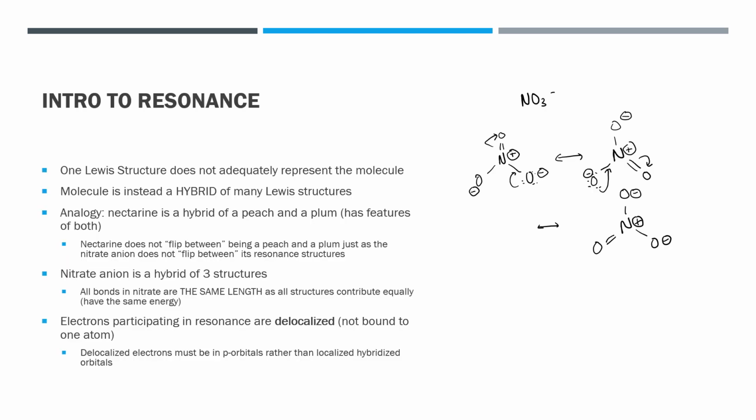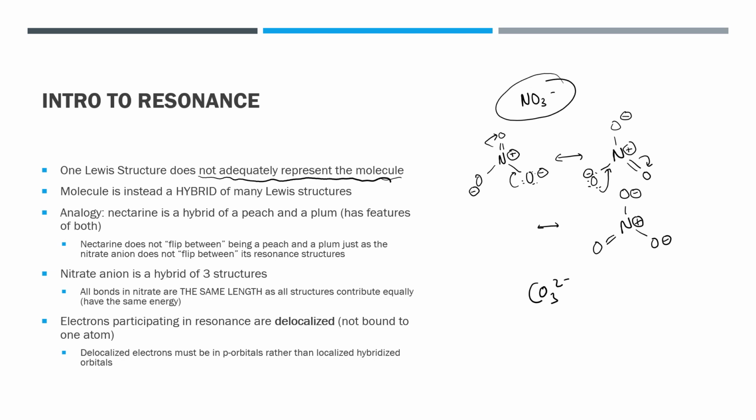Okay, so this is just an intro to resonance, so this should be very familiar from AP Chemistry. It's basically when one Lewis structure does not adequately represent the molecule. We can see this with the nitrate anion, we can see this with the carbonate anion, and there's a bunch of other molecules where one Lewis structure does not completely represent something, and we need this blend of different Lewis structures.